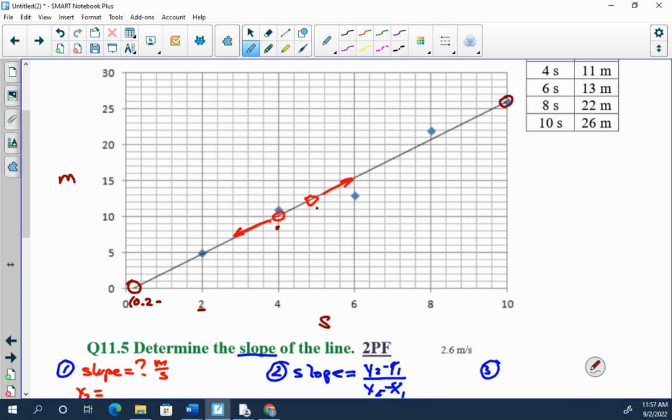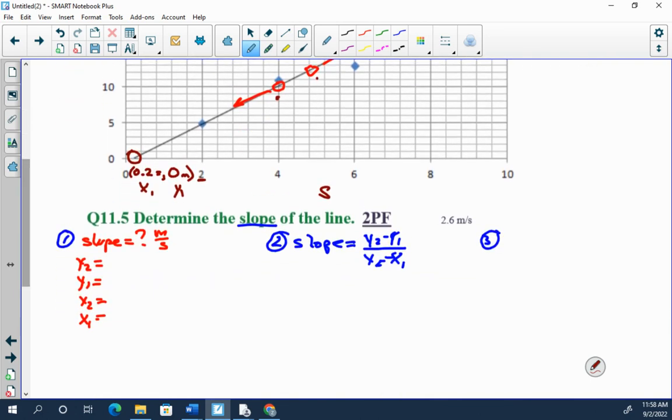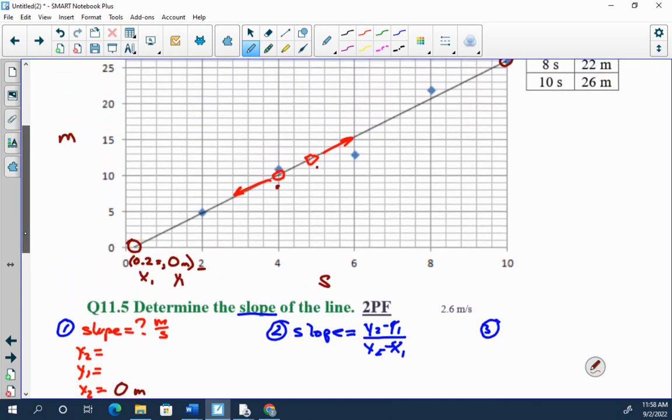So 0.2 seconds, comma, that's an easy one in the y direction, 0 meters. So this is like your x1 and your y1. In fact, we can come over here and write these in. So my x1 is 0.2 seconds, and my y1 is 0 meters. Really 0.0, but let's keep going over here.